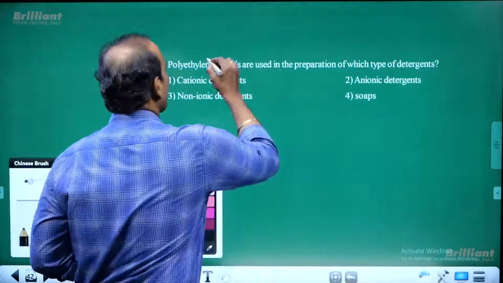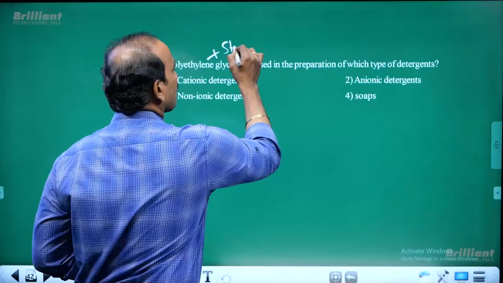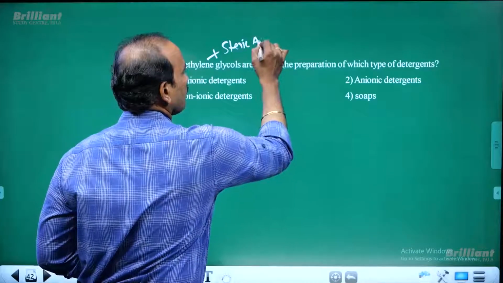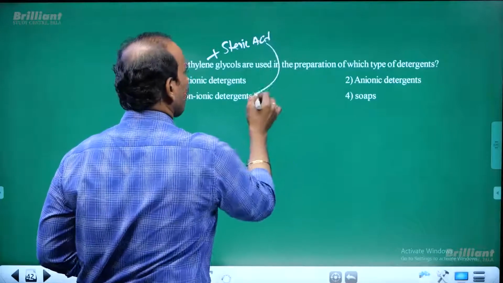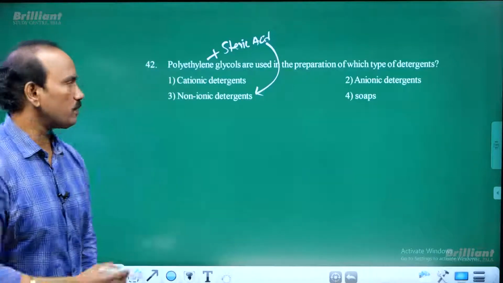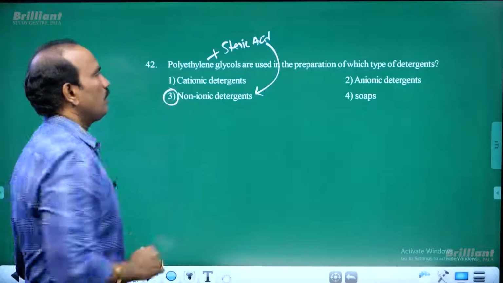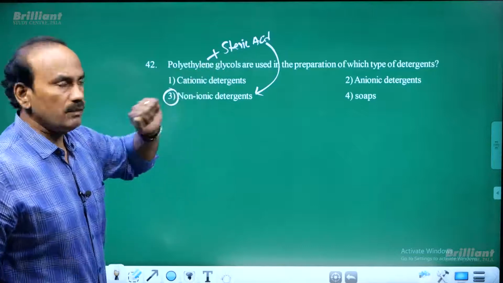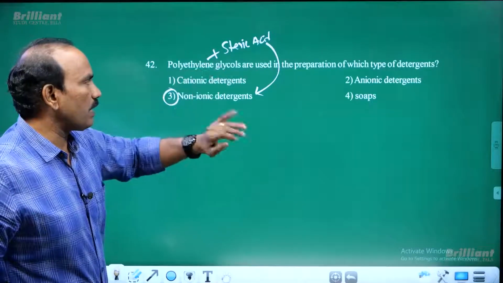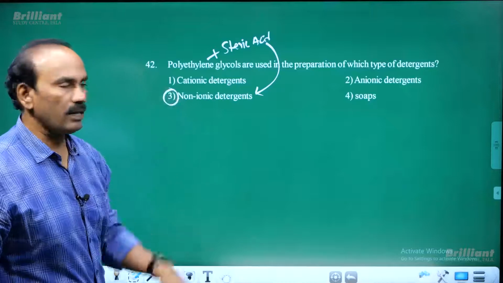Here this one and stearic acid. Stearic acid reacts with polyethylene glycol to form non-ionic detergents.